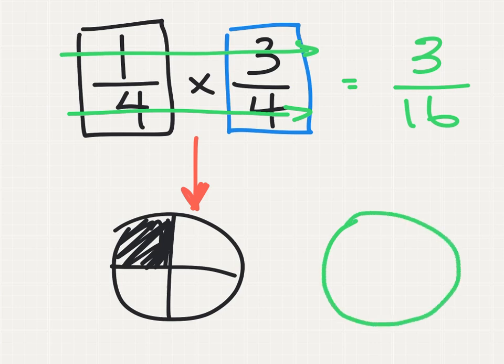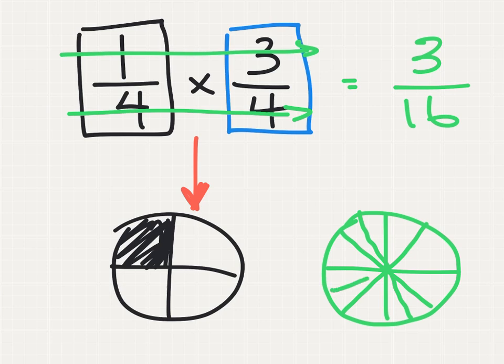So if I take that same circle, cut it into 4, and now 6, and now 8, and now 10, and 12, and 14, and 16, and I shade in these 3, do I have a piece that is the same size, smaller or larger?